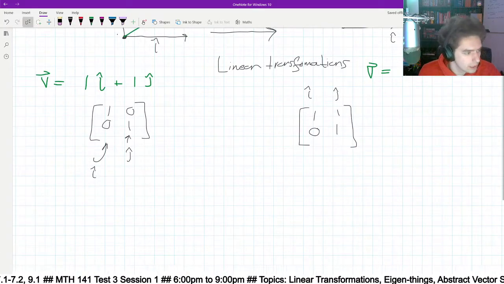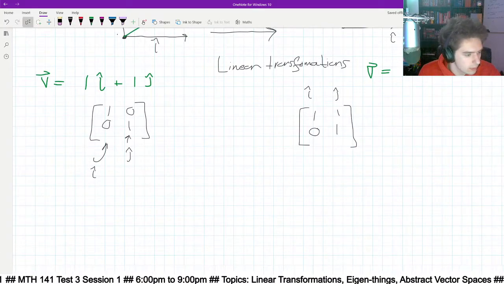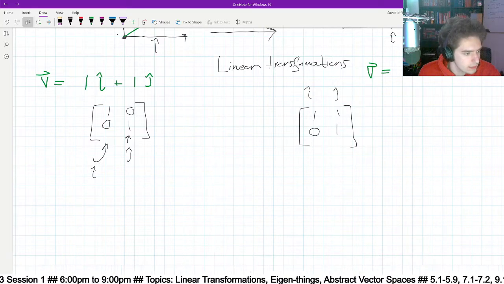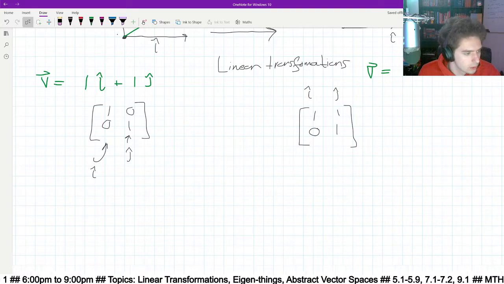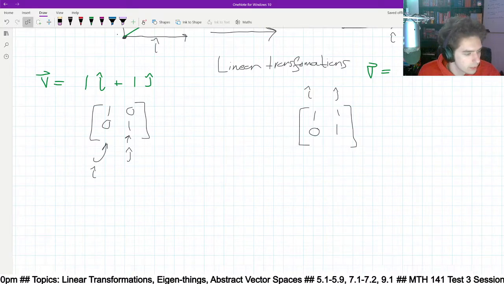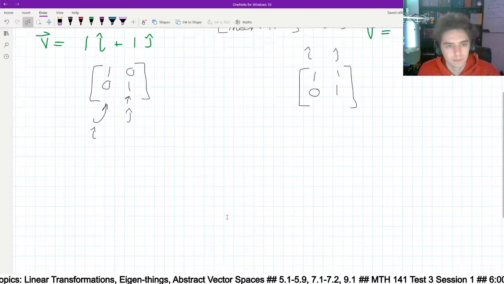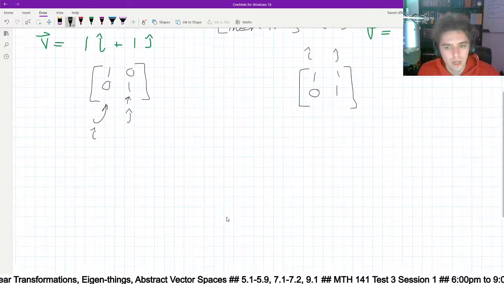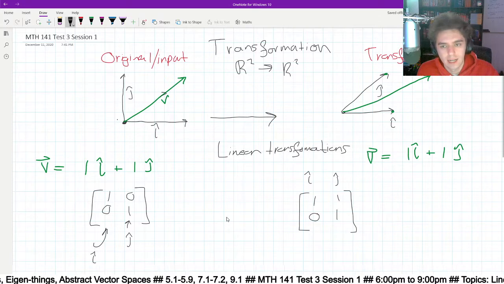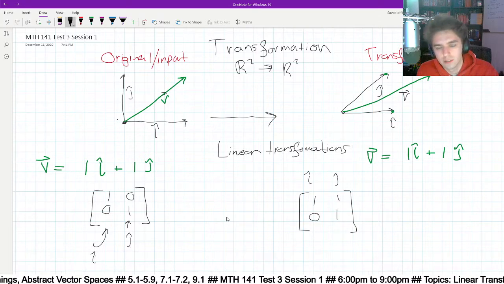So, let's move on to the textbook. Let's see what happens here. I'll just be scrolling through the textbook and seeing what each part is. In general, the first chapter is kind of just what I said. We treat this process of putting in the vector v and getting out a transformed vector as a function.